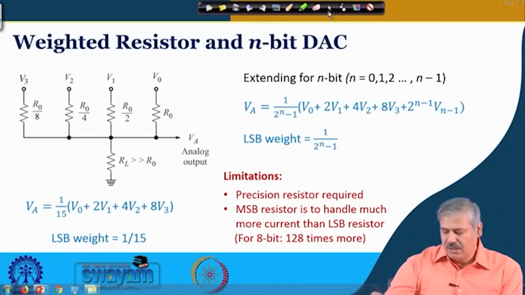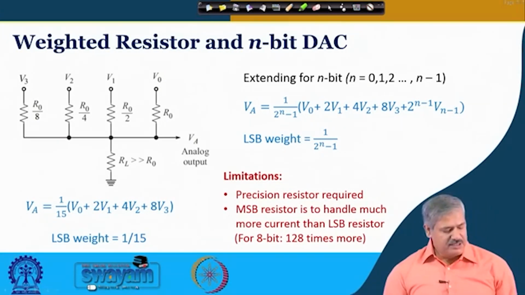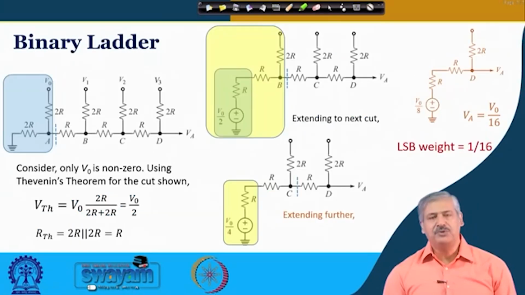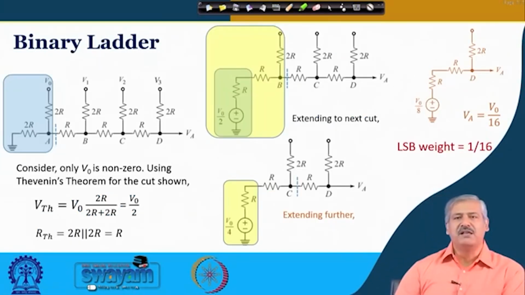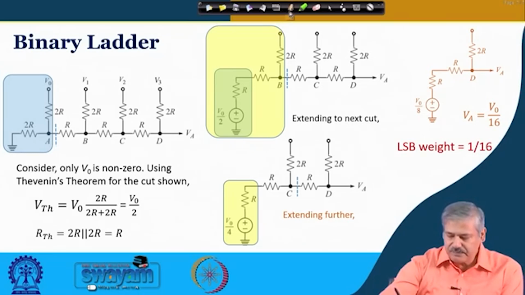Okay. So, for the alternate circuit, what we have is called the binary ladder. Okay. This is a very useful circuit. So, for the binary ladder, first we see the structure and then we analyze the circuit and then we shall move ahead. Okay.